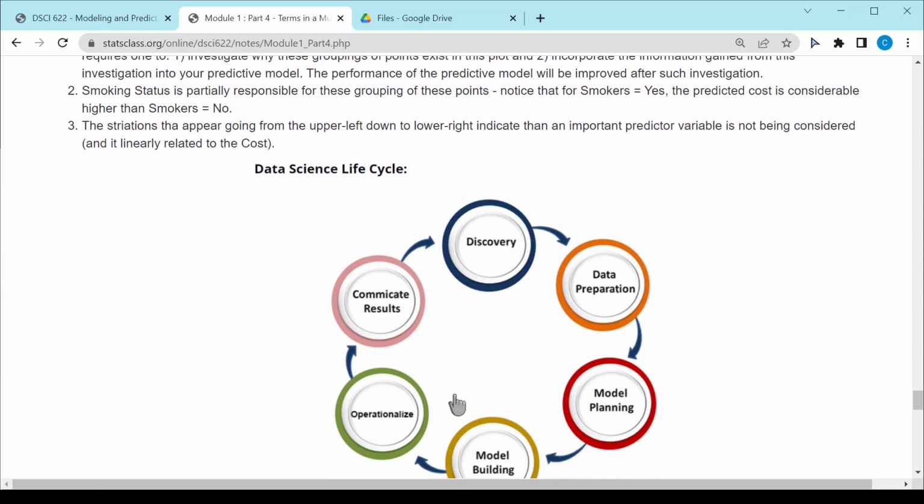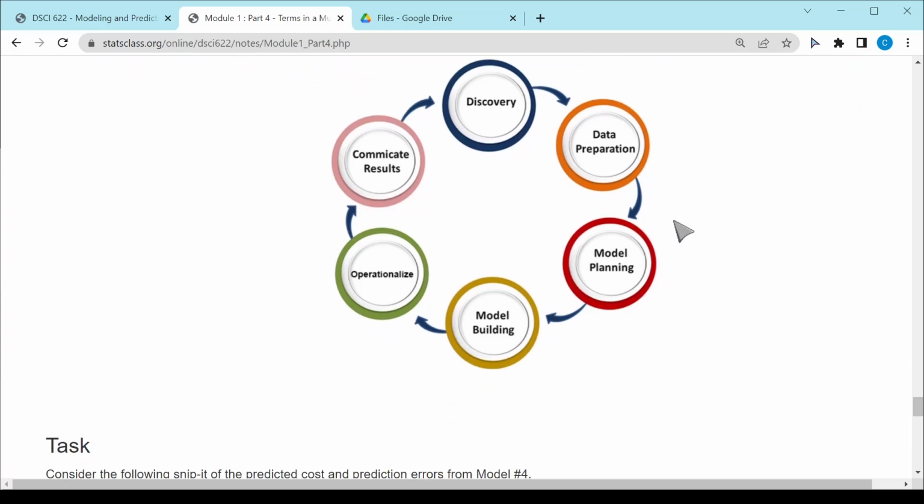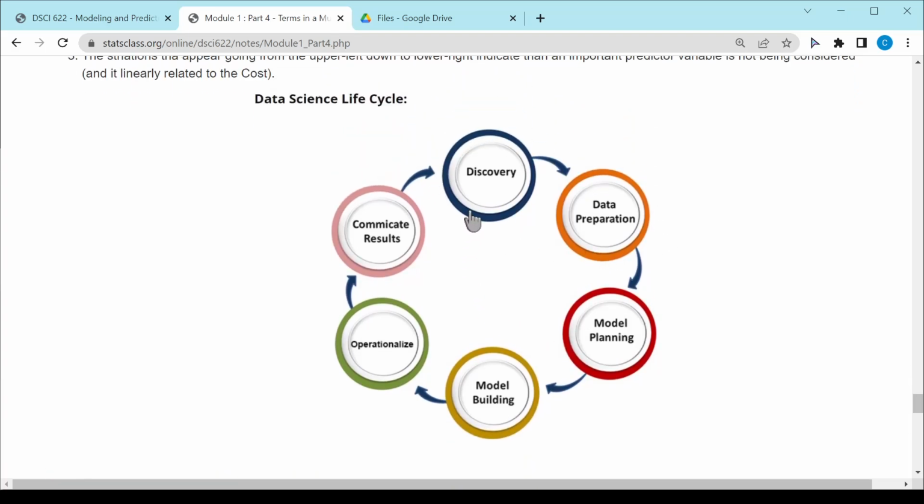So that idea is called the data science life cycle. And here's just an image that I grabbed off the internet regarding the data science life cycle. There's usually a get started phase, like I'm trying to answer some questions or understand some relationships, or here trying to make accurate predictions for out-of-pocket costs. I need to prepare the data.